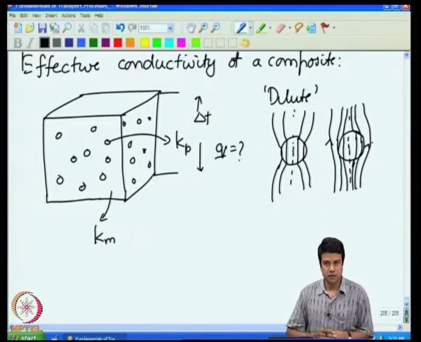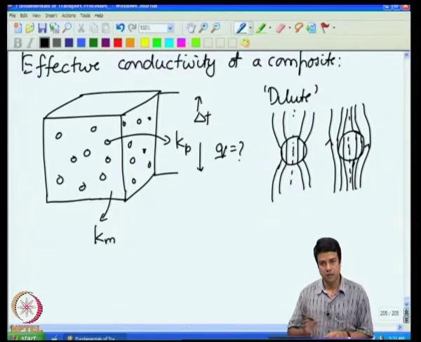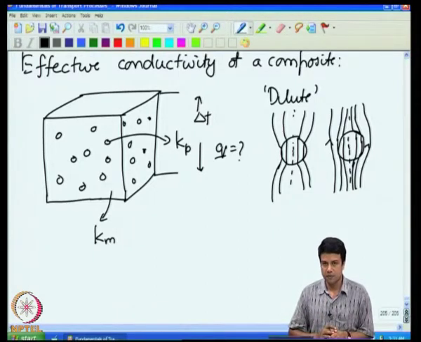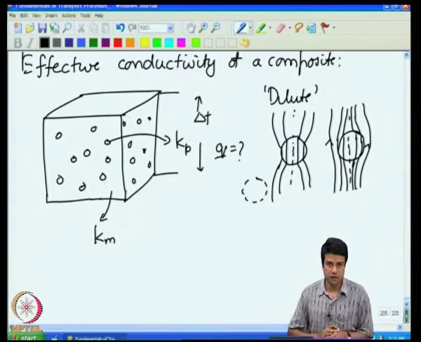In either case, there is going to be a disturbance to the temperature field in the matrix because of the presence of this particle. Either the disturbance is towards the particle if it is more conducting, or away from the particle if it is less conducting. If I had another particle nearby, then the disturbance to the temperature field due to the first particle is going to affect the temperature field around the second particle.